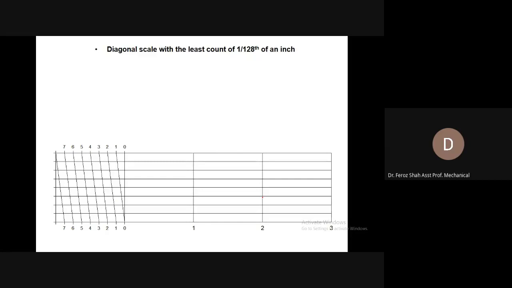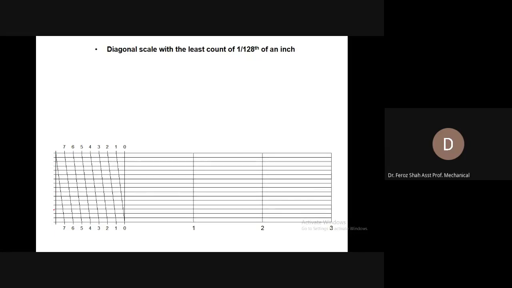Now 1 by 128 of an inch. For that, draw a line of 1 inch and divide it into 8 equal divisions, and divide this perpendicular line into 16 equal parts in order to get the 128 divisions. You first divided this horizontal line into 8 equal parts, making it 1 by 8 of an inch, this one division, and further divided this division into 16 equal parts.